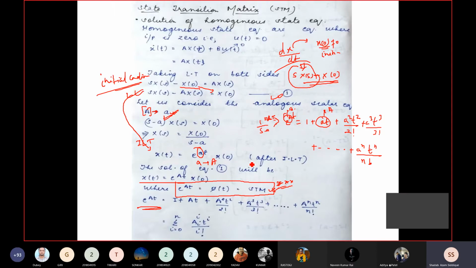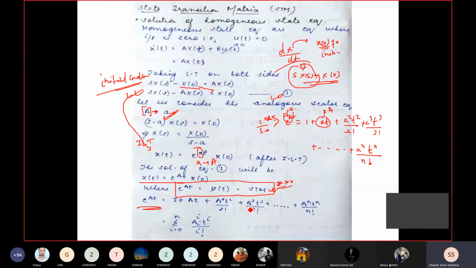Why is I written? Because we are dealing with a matrix quantity. A is a matrix, and so are the other terms. If A is a matrix, then A to the power 3 means multiplying matrix into matrix into matrix, A into A into A, three times. If A is an n cross n square matrix, that gives you an n cross n matrix.